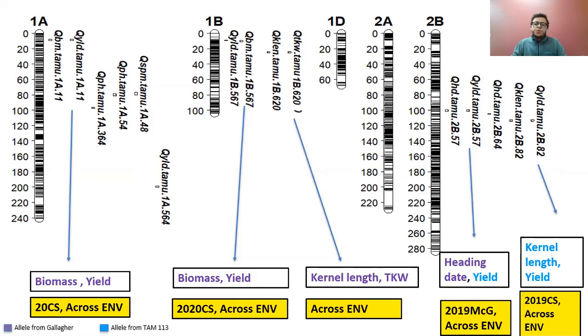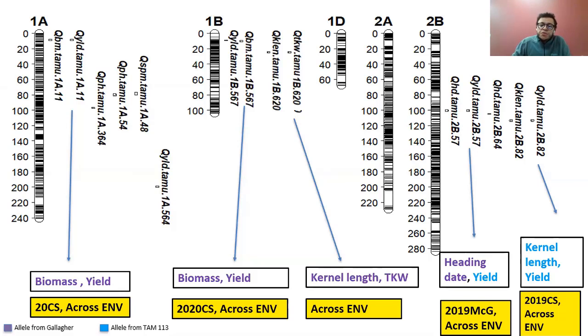We have many pleiotropic QTL. For example, the QTL region on 1A at 11 megabase pairs affected two traits, biomass weight and yield. And it was also detected in 20 College Station and across environment analysis.